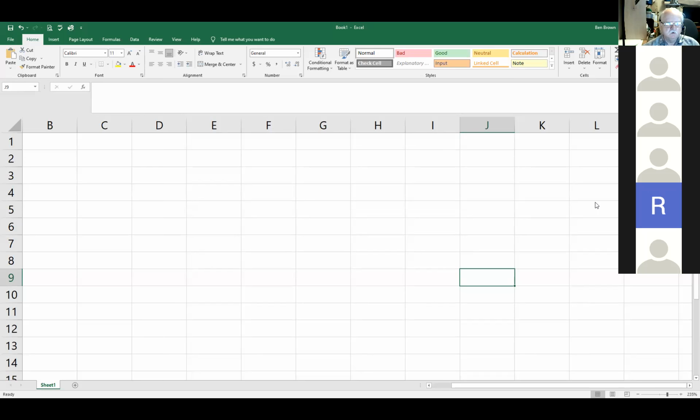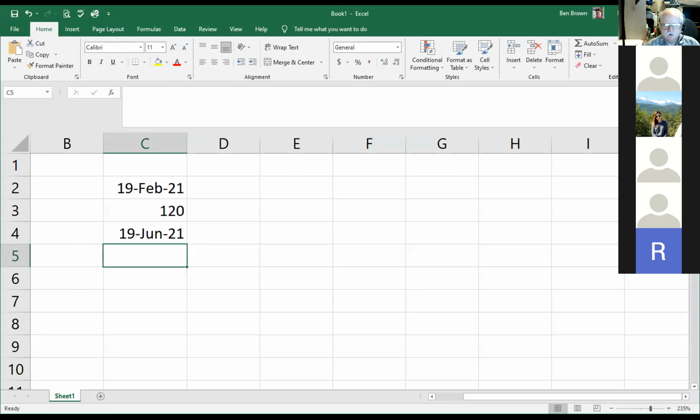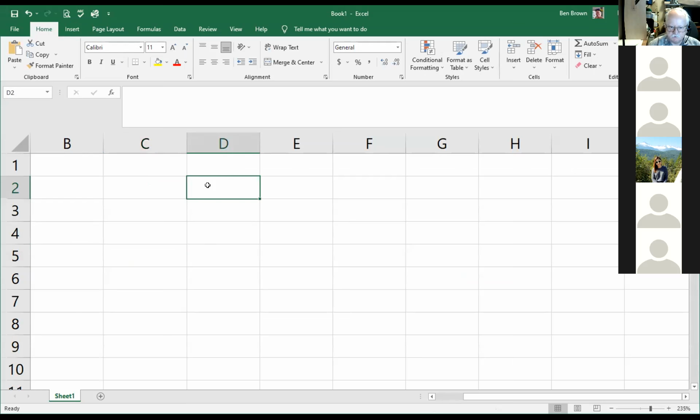So, Mr. Brown, the Excel sheet is empty. Oh, okay, my screen paused. I'll try that again. So can you now see the Excel screen again? Yes, thank you. Okay, let's do that again. I'm sorry, I didn't realize it had stopped showing you what I was doing.